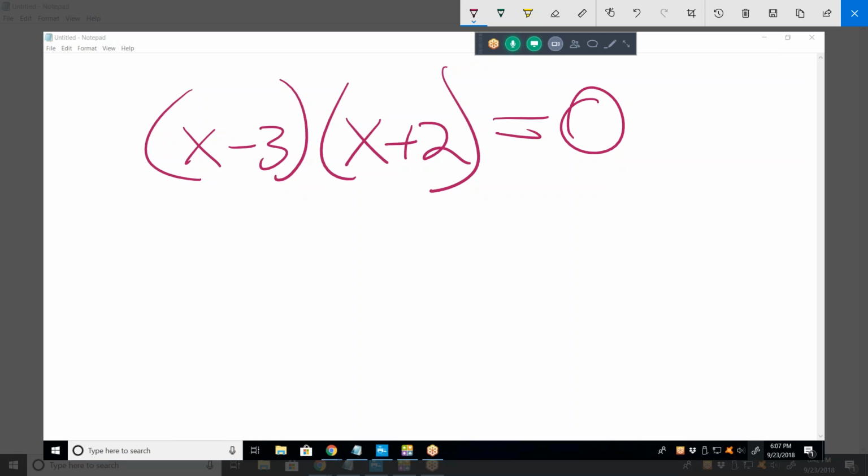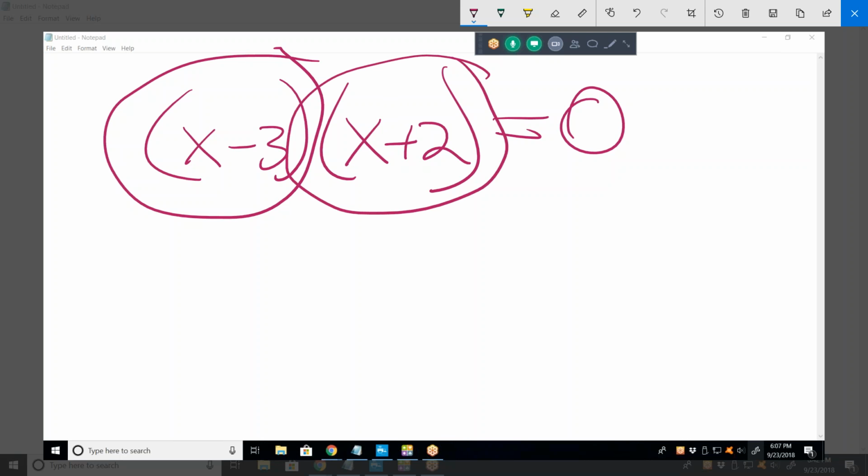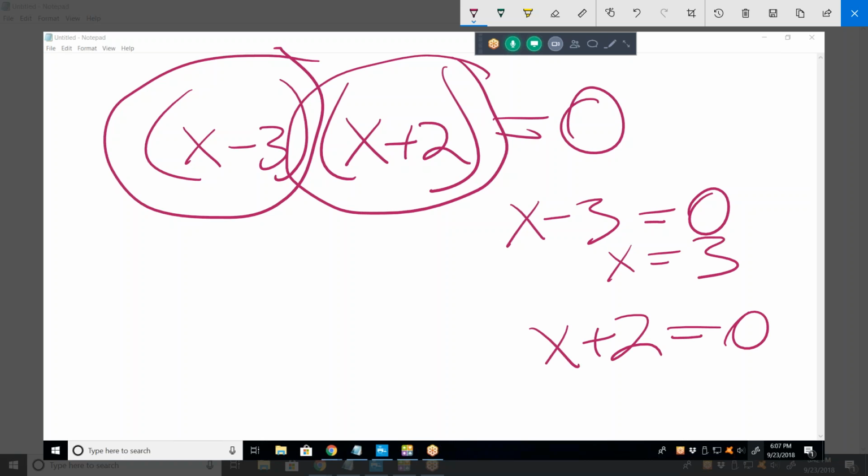Don't try to do it all at once. Just set that term equal to 0, set that term equal to 0, and solve each equation. That's your answer. It's as simple as that. So if I said x minus 3 equal to 0, what's x? And if I said x plus 2 equals 0, what's x? That's the way you solve them always.